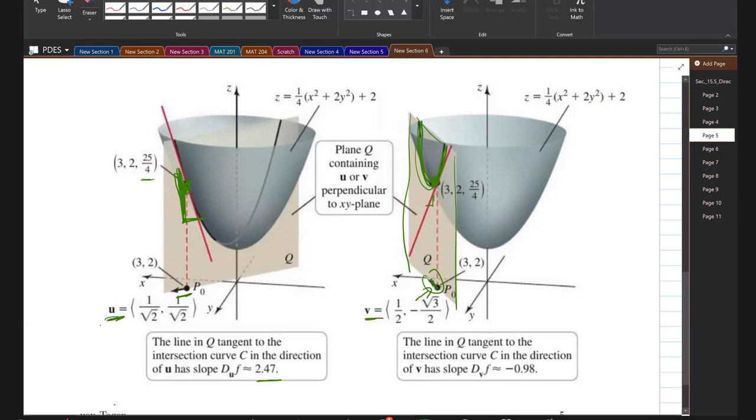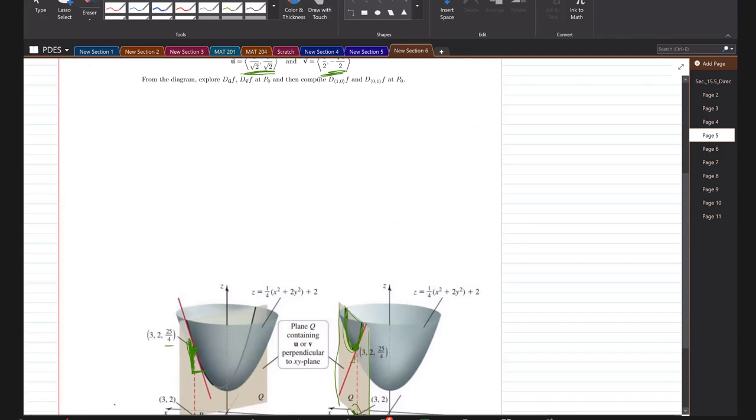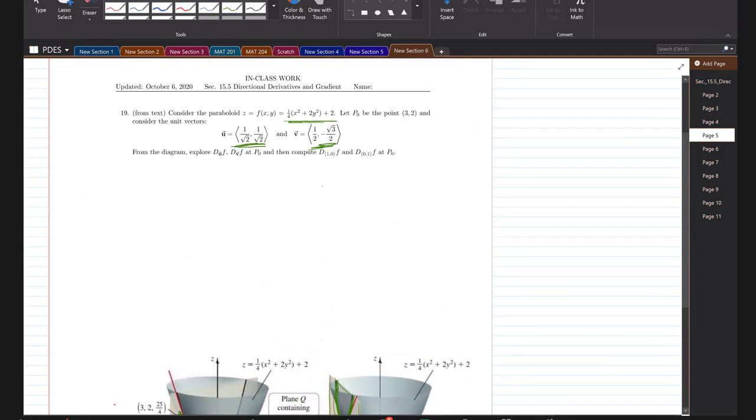The only other thing I want to point out here is that in this problem, I'm asking you to compute D of (1, 0) of f at some point p naught. So at the point 3, 2.